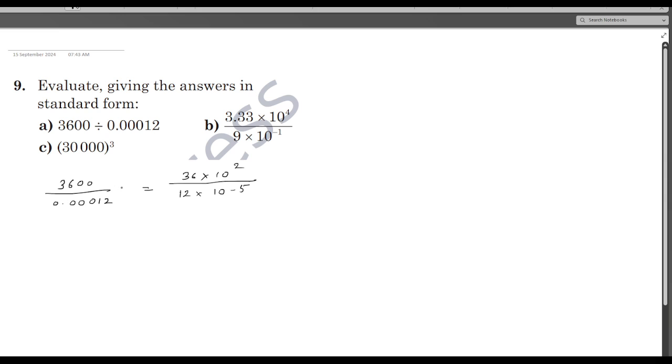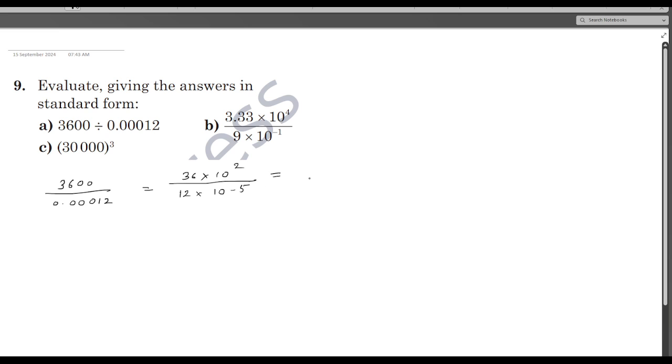Okay, please check again. As we have three zeros after the 36, I can write this as 36 times 1000. And similarly, this 0.00012 I can write as 12 divided by 10 power 5, as there are 5 digits after the decimal, and when I move 10 power 5 from denominator to numerator, it becomes 10 power minus 5.